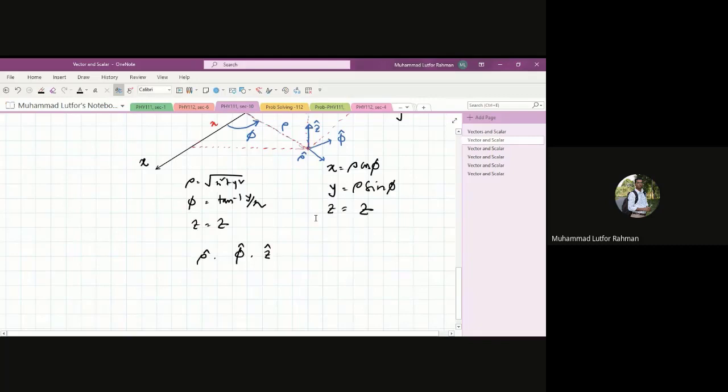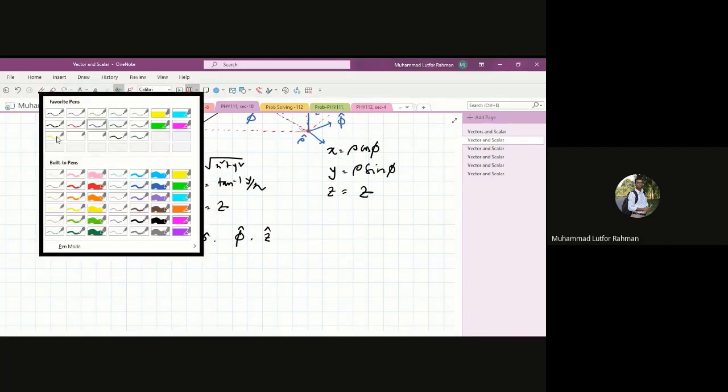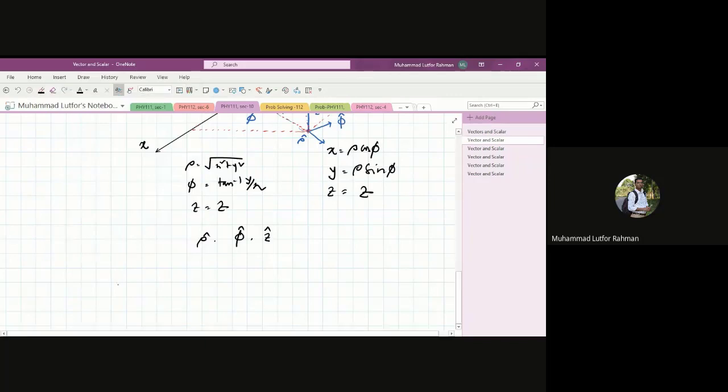And we can also find the unit vectors, using the same idea I used in the case of the polar coordinate. I will write down that rho head would be the rho vector divided by the magnitude of that vector. Sorry, this would be the rho vector. Then you can find out this thing.